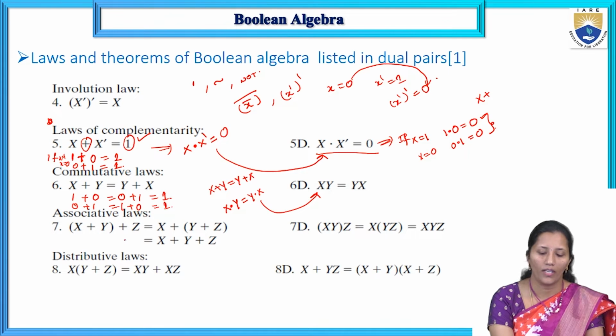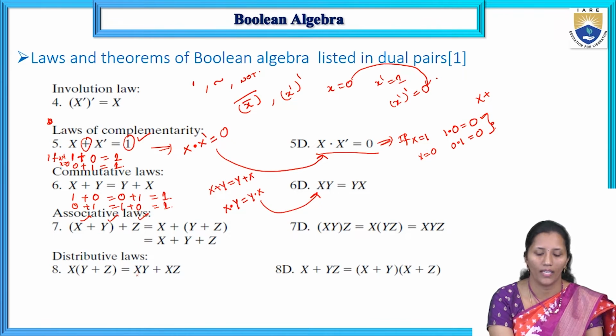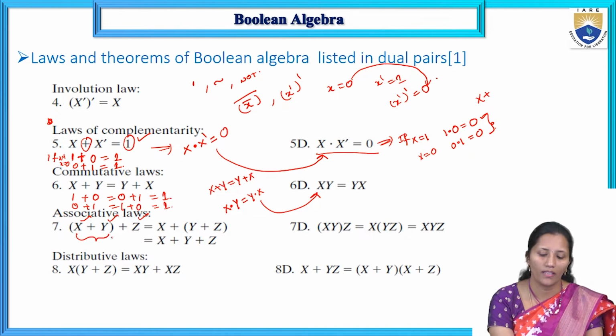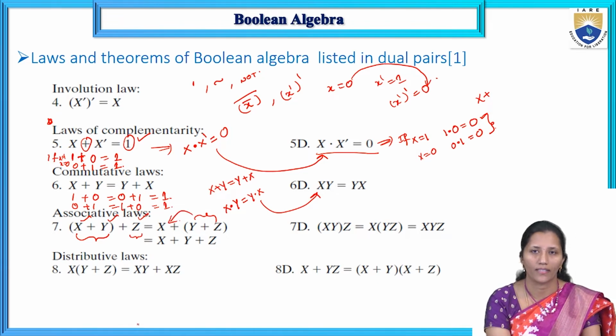Associative laws. Here we take three variables, x, y and z, as input. We add the first two elements, then the sum is added to z. So x plus y plus z is equal to x plus (y plus z), where first we add y plus z and then add that to the variable x.